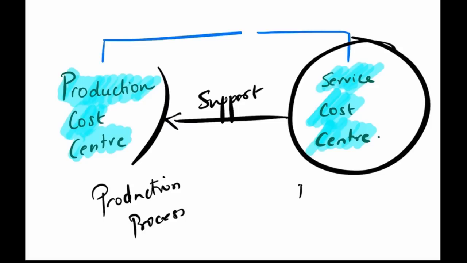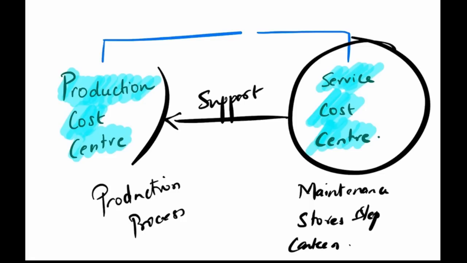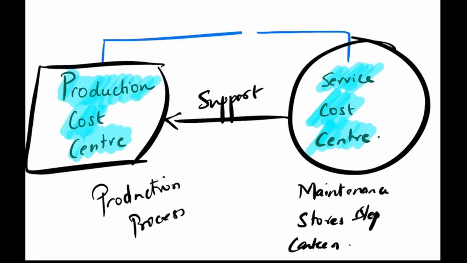This can be maintenance department, stores department, canteen, which are all going to be required for making sure the production cost center is supported.